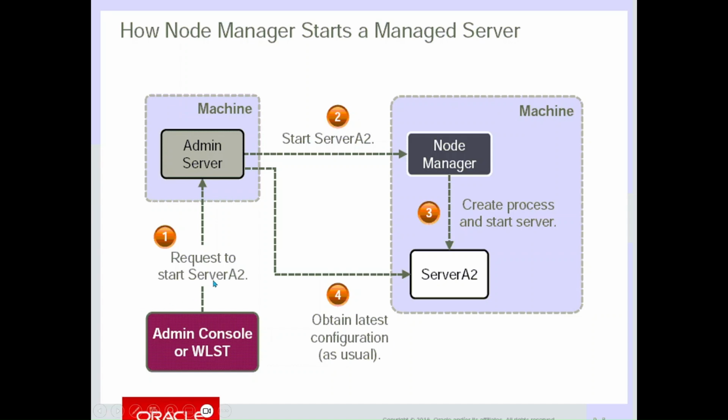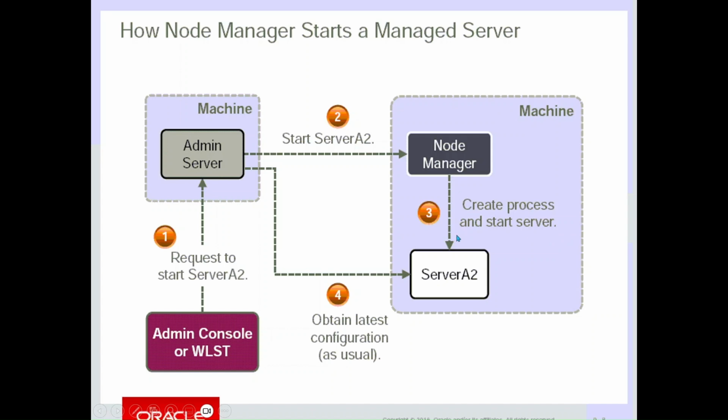Let's suppose we want to start server A2, and server A2 is part of a domain which is on machine A. We send a request, the request goes to the admin server, and the admin server then sends a request to the Node Manager, and the Node Manager creates a process and starts the server.